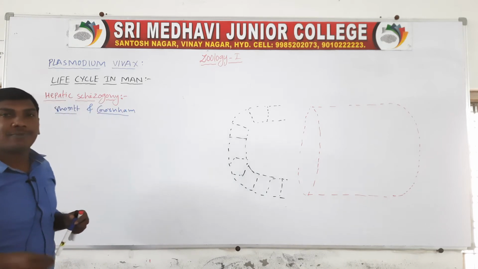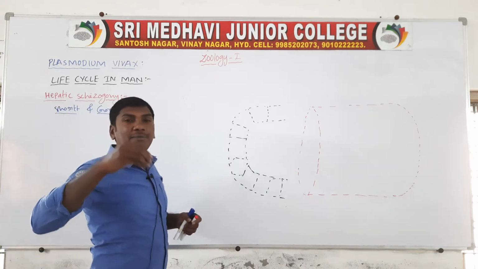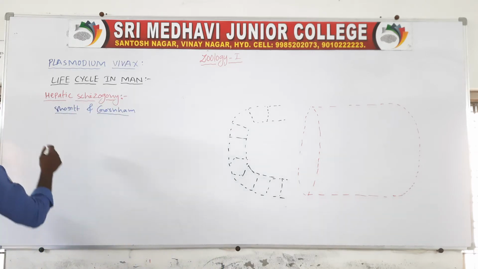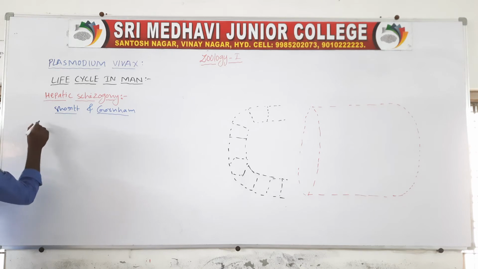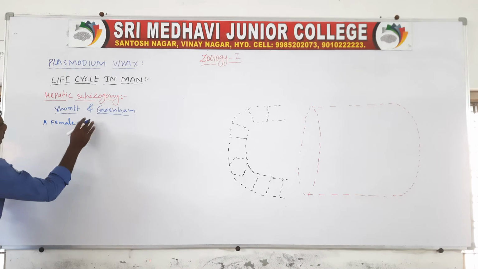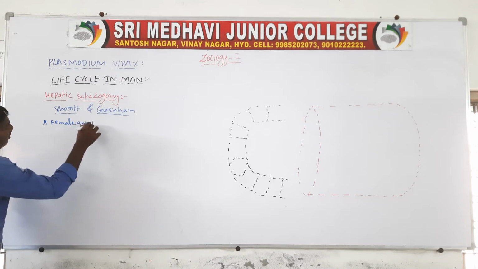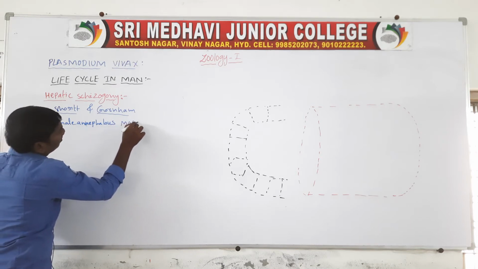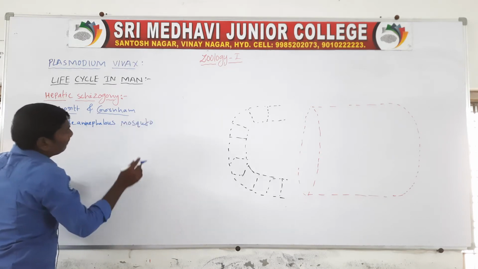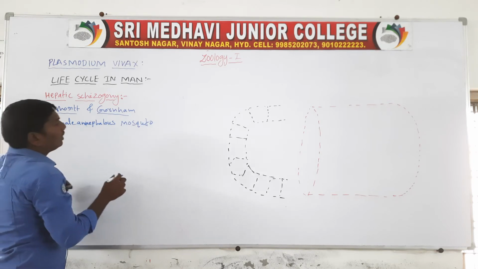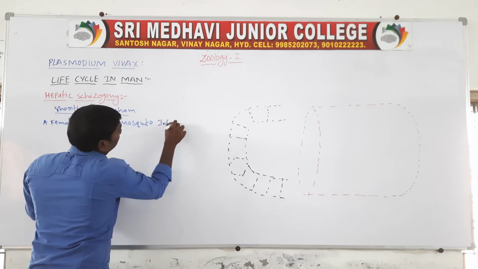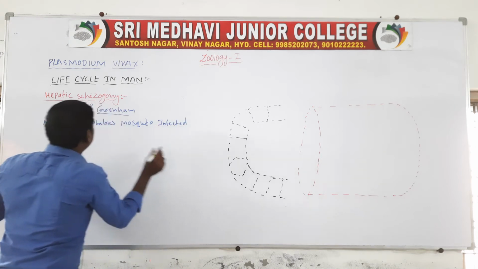So, first step: a female Anopheles mosquito infected with Plasmodium vivax.